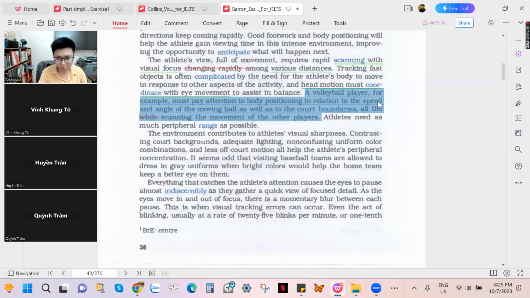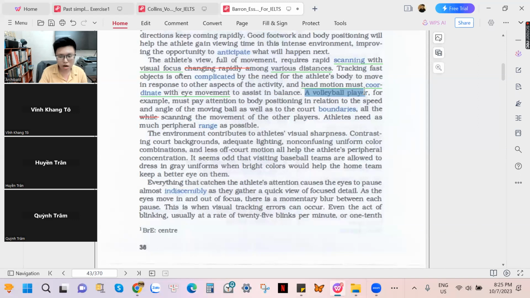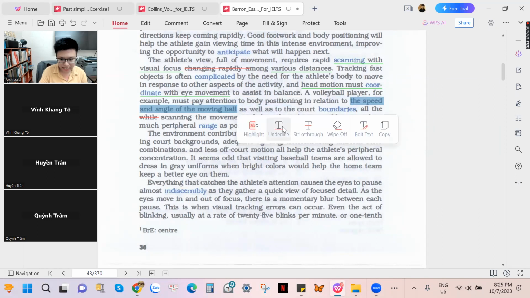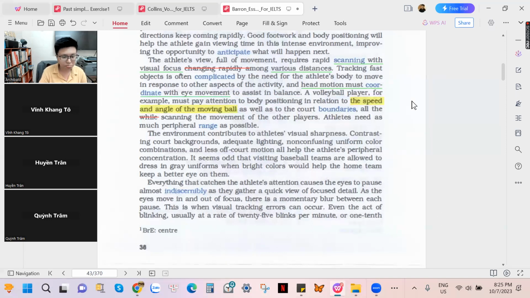All right. A volleyball player, for example, a subject, must pay attention to the body positioning in relation to the speed and the angle of the moving ball. Let's look at what the speed and the angle of the moving ball are. Speed means how fast the ball rolls, how fast the ball runs.